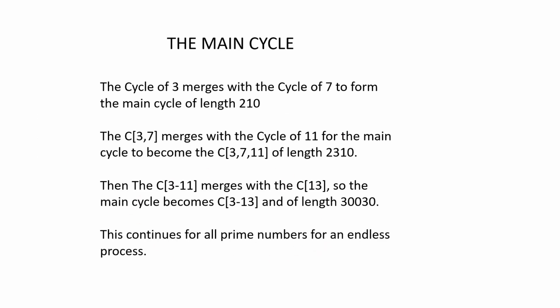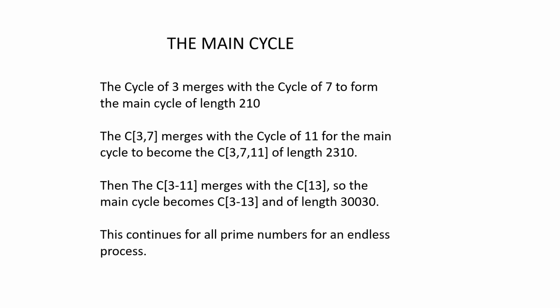So the main cycle is a cycle that gets bigger and bigger, that grows. It's the fusion of prime numbers in ascending order, starting from 3, continuing with 7, 11, 13, and all the way up.